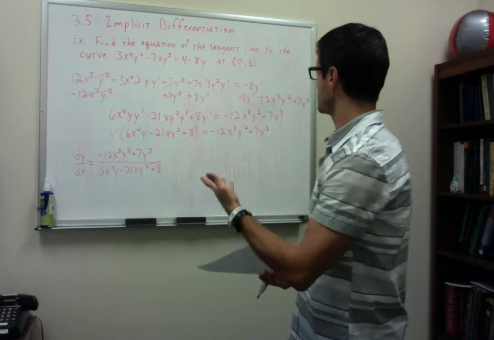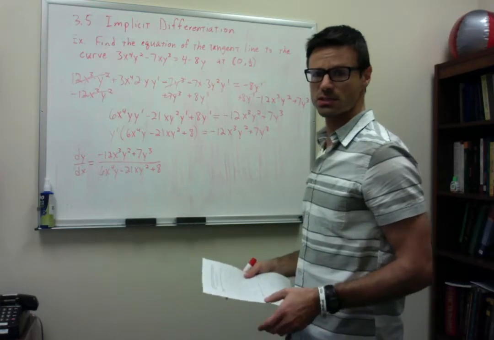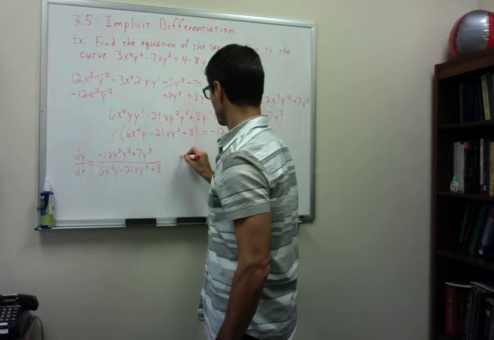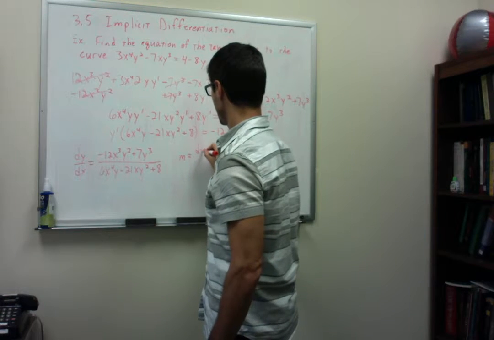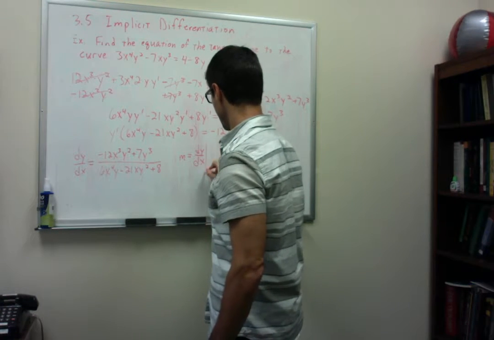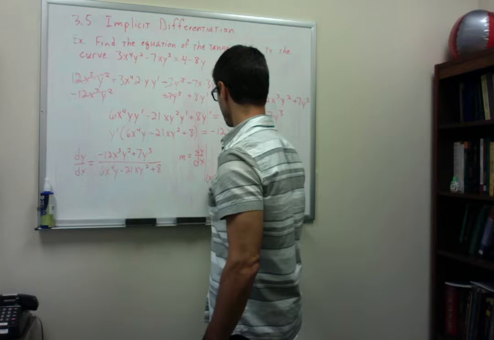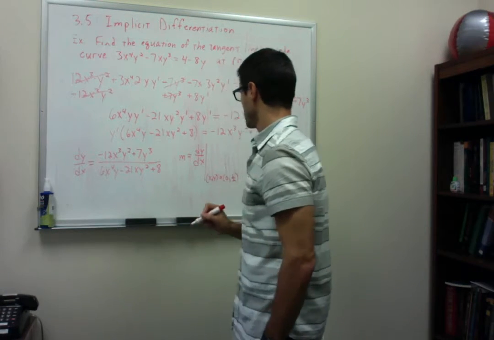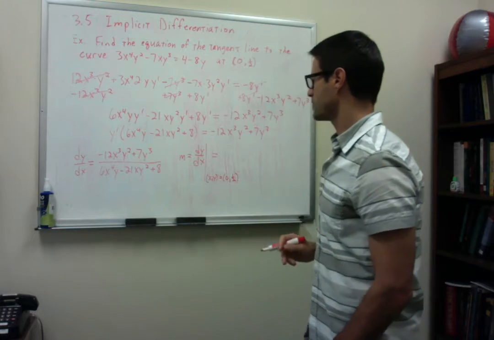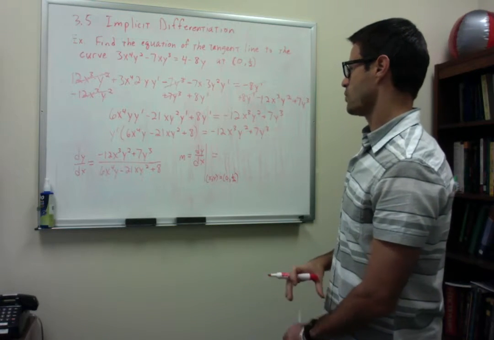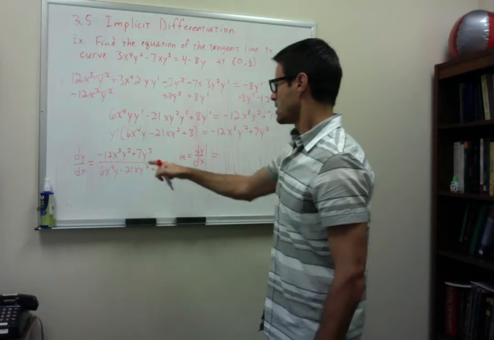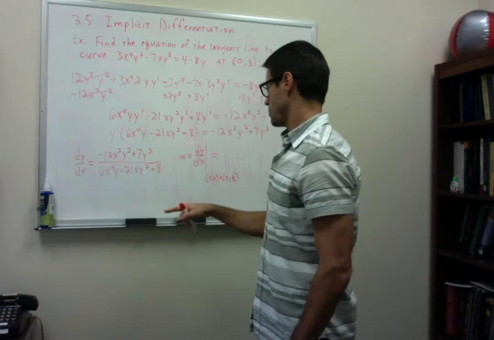Of course, to find the equation of the tangent line, we have to evaluate this somewhere. The slope we're looking for is dy/dx evaluated at (x, y) equal to our point (0, 1/2). So I plug in 0 for x and 1/2 for y. Any term that has x is 0 because x is 0.